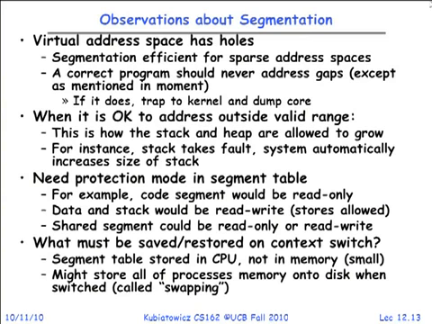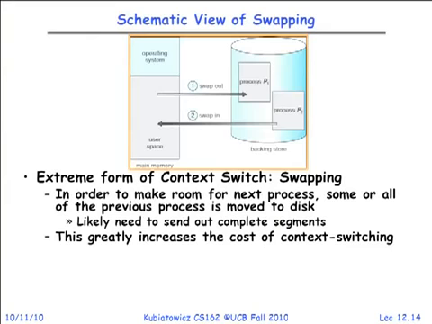So let's now ask ourselves, can we have more memory use than memory? And clearly the answer is yes. And how would we do that? Well, one idea here is this notion of swapping. And what is swapping? Swapping is an extreme form of context switch in which you take all the memory from the process, you toss it to the disk.